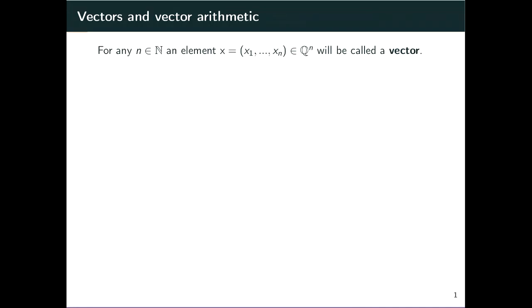Okay, so let's remind ourselves what we defined a vector as. We have some n, which is just some positive whole number, and it's kind of like the dimension of the space that we're working in. An element of this Cartesian product of the rationals will be called a vector.